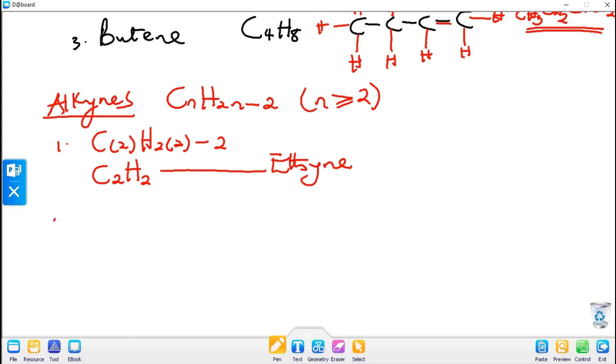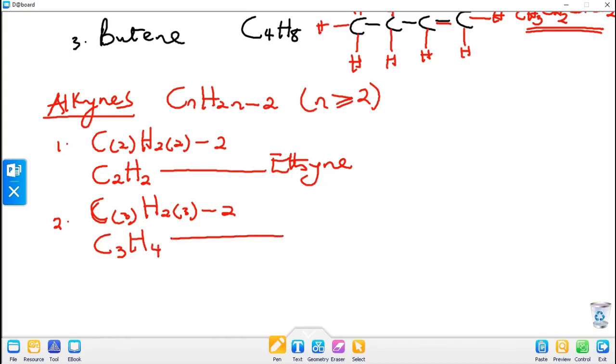The second member of alkynes will be C(3) H(2 times 3 minus 2). So this will be C3 H, 2 times 3 is 6, 6 minus 2 is 4.